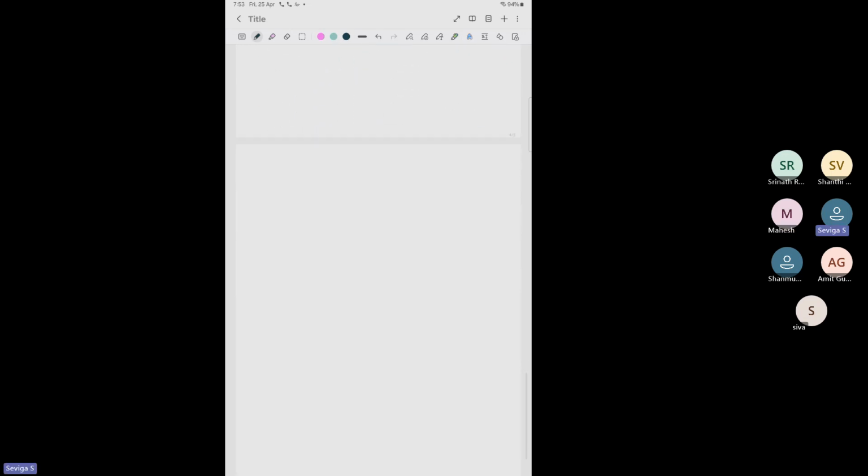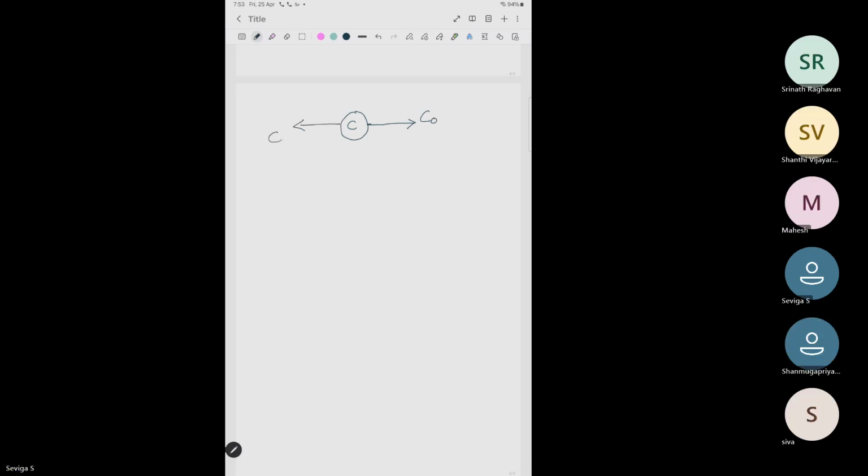Now let us see it pictorially. Let us assume this is neuron C. The output from neuron C is shown by the right-pointing arrow.